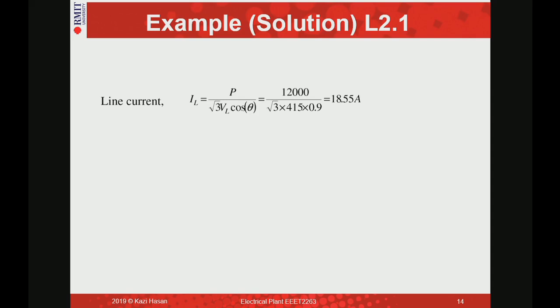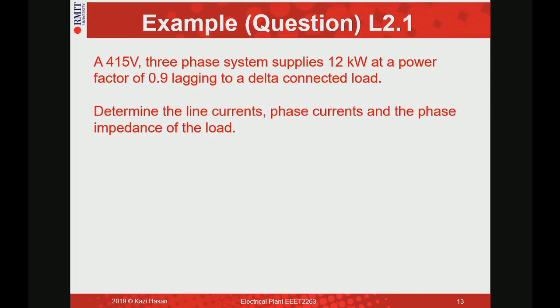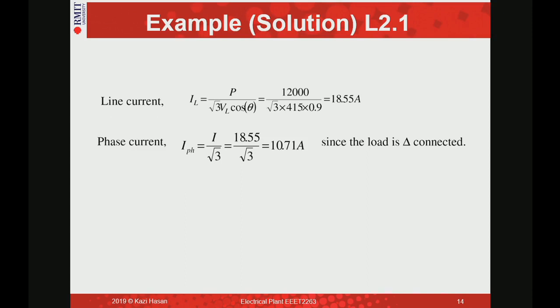So we go back to the relationship between line current and phase current of a delta connected circuit. That's why I have given this slide to you. So if you need to determine the phase current, that will be line current over root 3. So once we know the line current, we can determine the phase current by dividing by root 3.